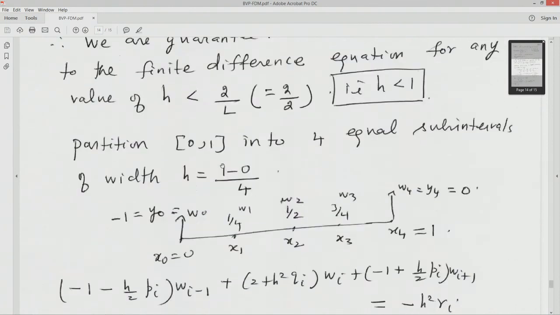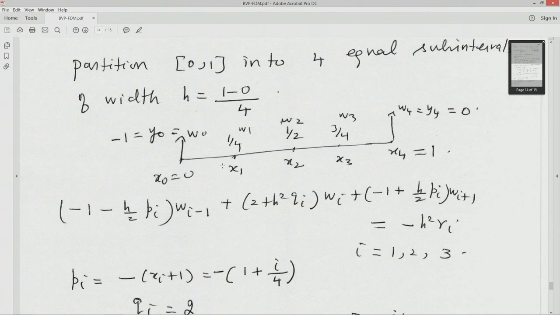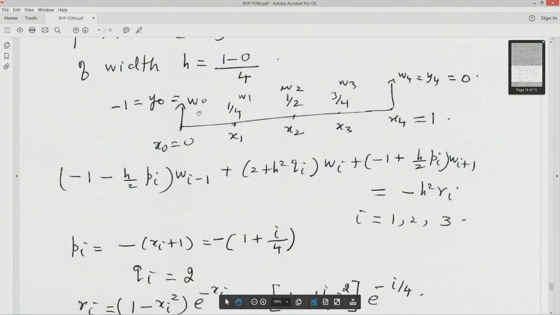What is it that we should do to solve this system? Step 1 is to partition the interval 0 to 1 into 4 equal subintervals. So, step size would be 1 by 4. So, what are these points? The points are x0, x1, x2, x3, x4, of which x1, x2, x3 are interior points, x0 and x4 are boundary grid points.